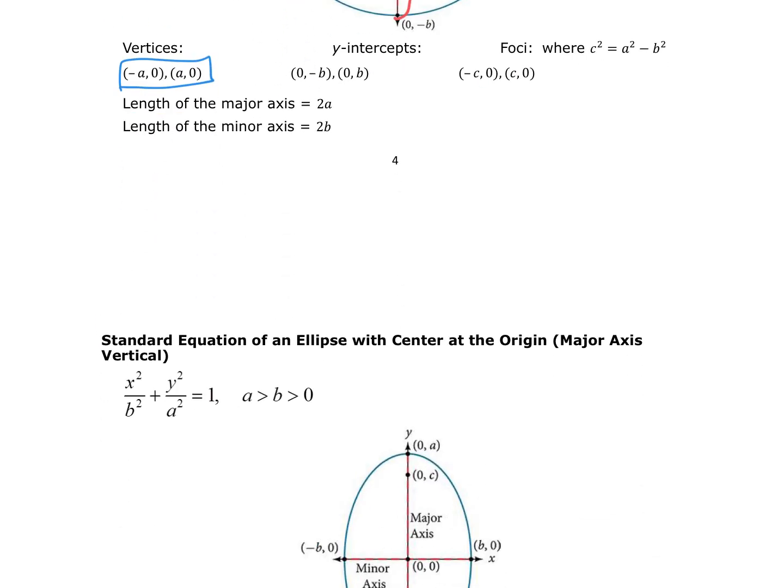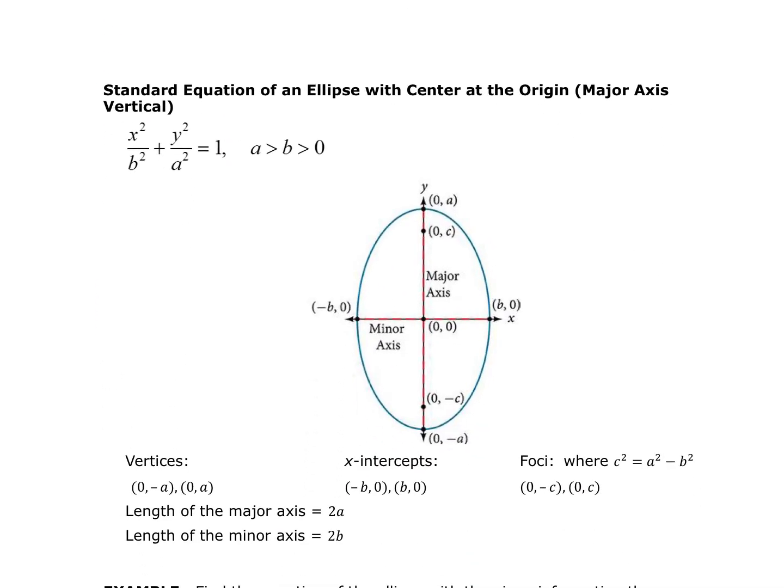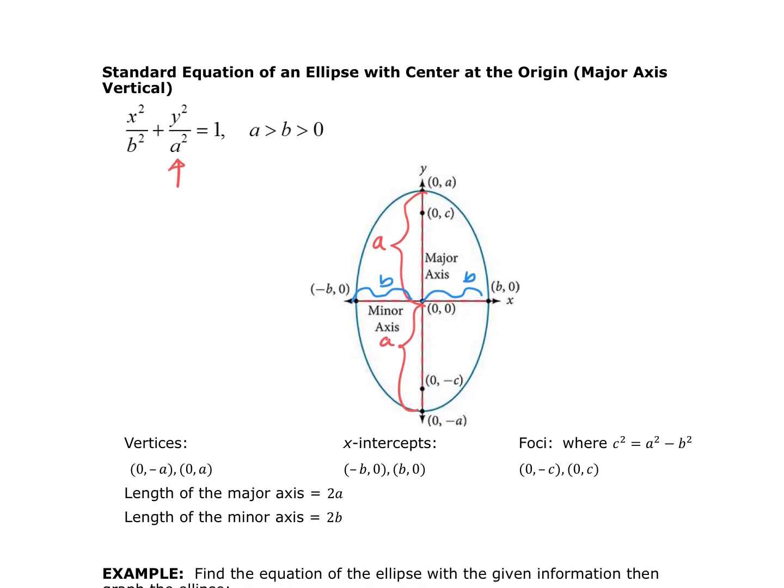So then we also get this when the major axis is along the y-axis, and notice that the a, or the larger number, is now underneath the y. And it doesn't matter the orientation. a is always the distance from the center to the major vertex, and b is always the center to the minor vertex.